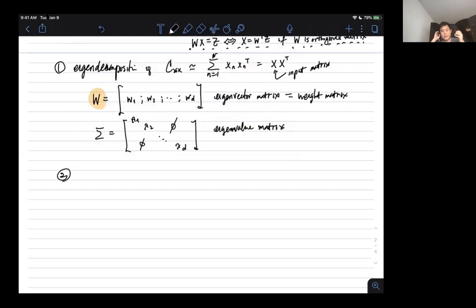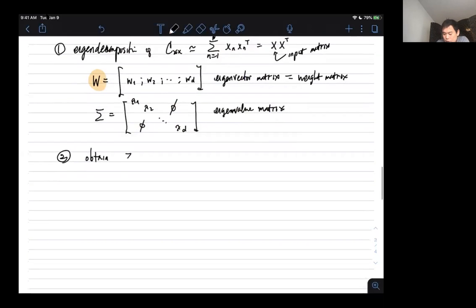The reason why it's identical to what we want is that this eigen matrix turned out to get us a code vector. So we can now obtain the code vector by multiplying this X with the W. And then the interesting thing is that this leads to the covariance of Z being diagonal. And what is this diagonal? It's a sigma here.